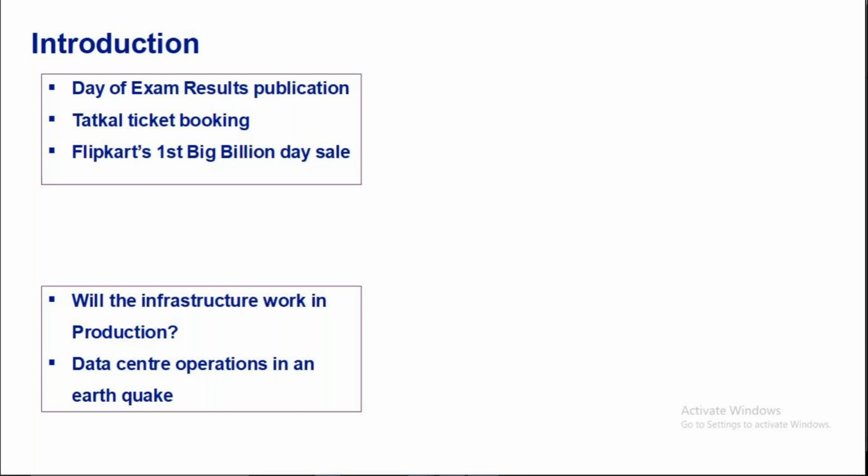Next point is, if there is an earthquake, that is a natural calamity, it is not in anyone's control. So if there is an earthquake, how will the operations take place in a data center? A data center is where the servers are located, right? How will the data center operate when an earthquake happens? These are some more pointers.